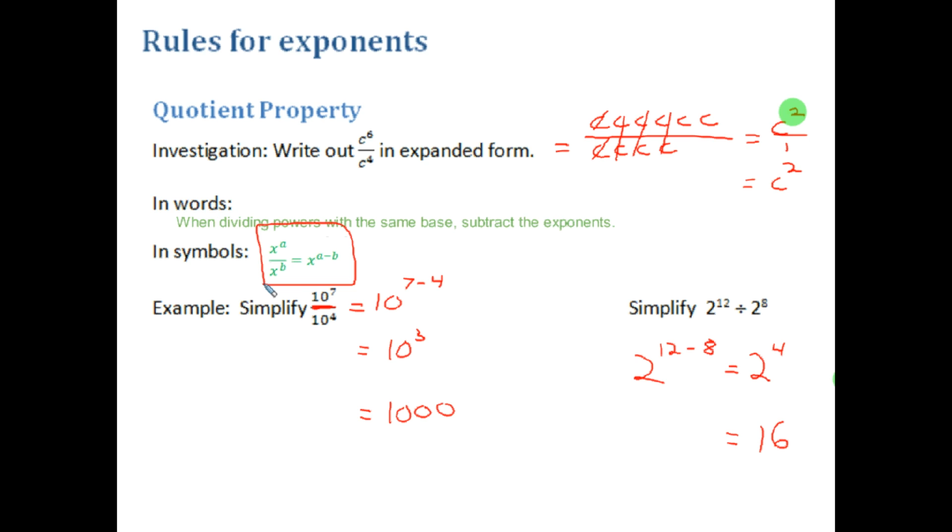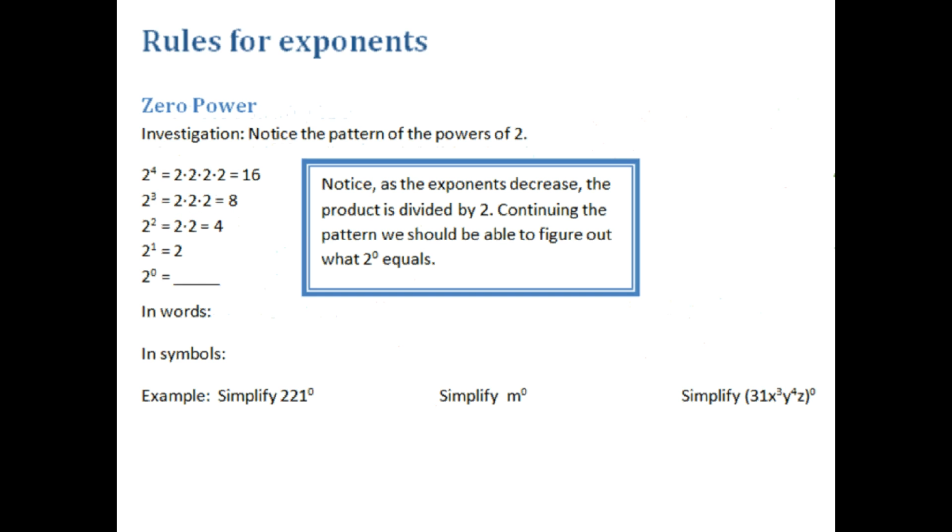And so that's the quotient property. When you do a power divided by a power, you subtract the exponents. Next, we'll see a pattern that evolves. Notice the pattern of the powers of 2, and we could do this with any base. We don't have to use 2, but we would notice the same idea. As the exponents decrease, 4, 3, 2, 1, 0, the answer is being divided by 2.